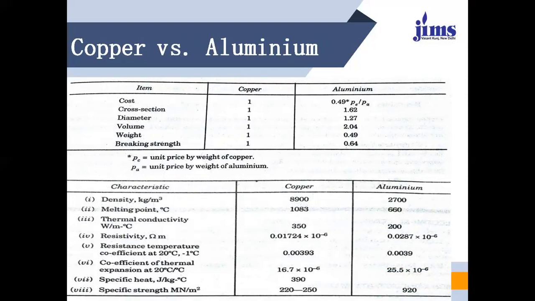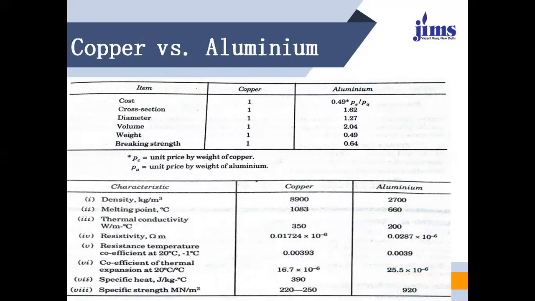Diameter: copper is 1, aluminum is 1.27. Volume: copper is 1, aluminum is 2.04. Weight: copper is 1, aluminum is 0.49. Breaking strength: copper is 1, aluminum is 0.4. This is the per unit price by weight of copper and aluminum.